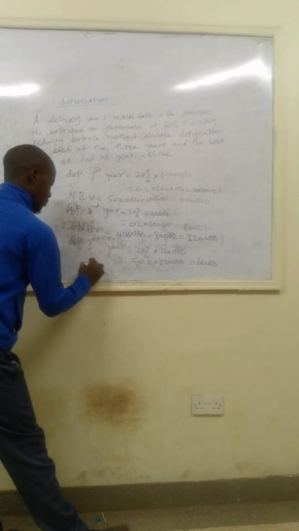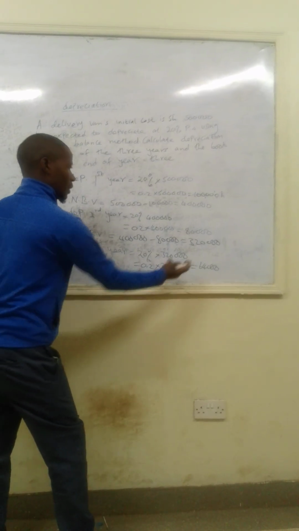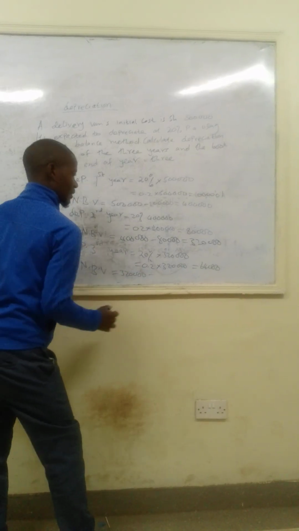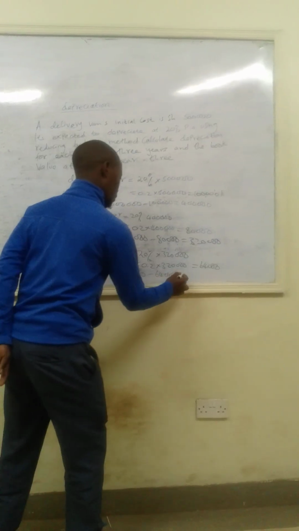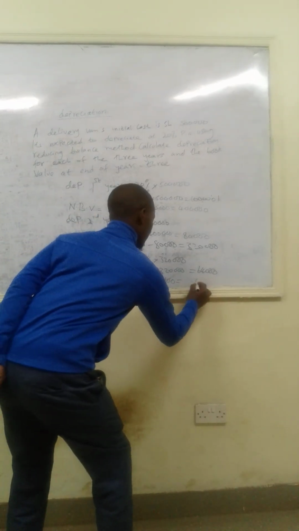Therefore, the net book value of that asset will be equal to 320,000 minus 64,000. So we are going to get 10 minus 4 is 6.